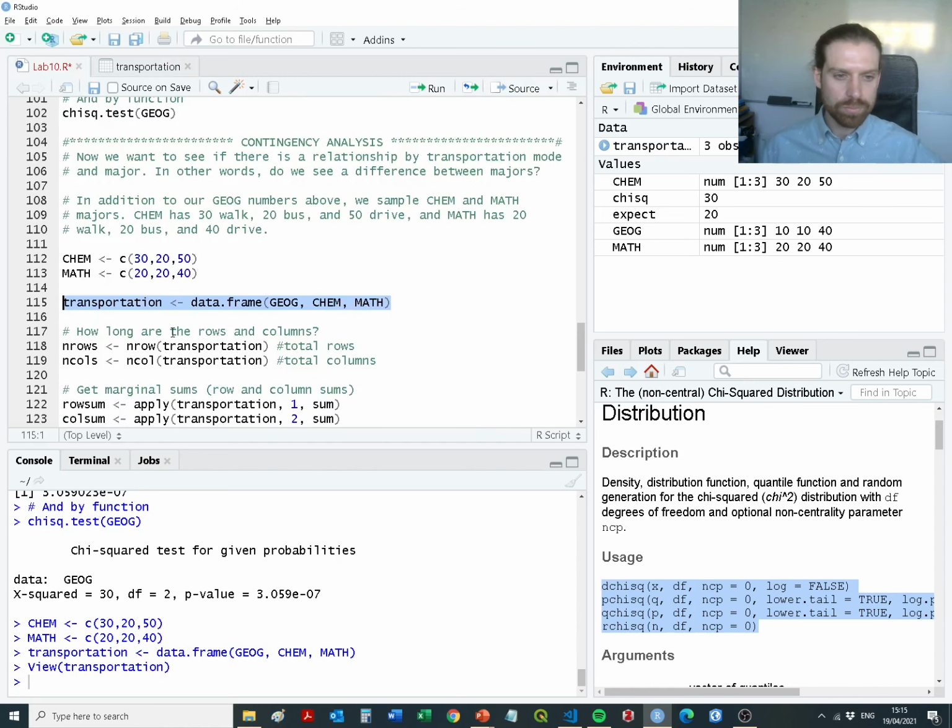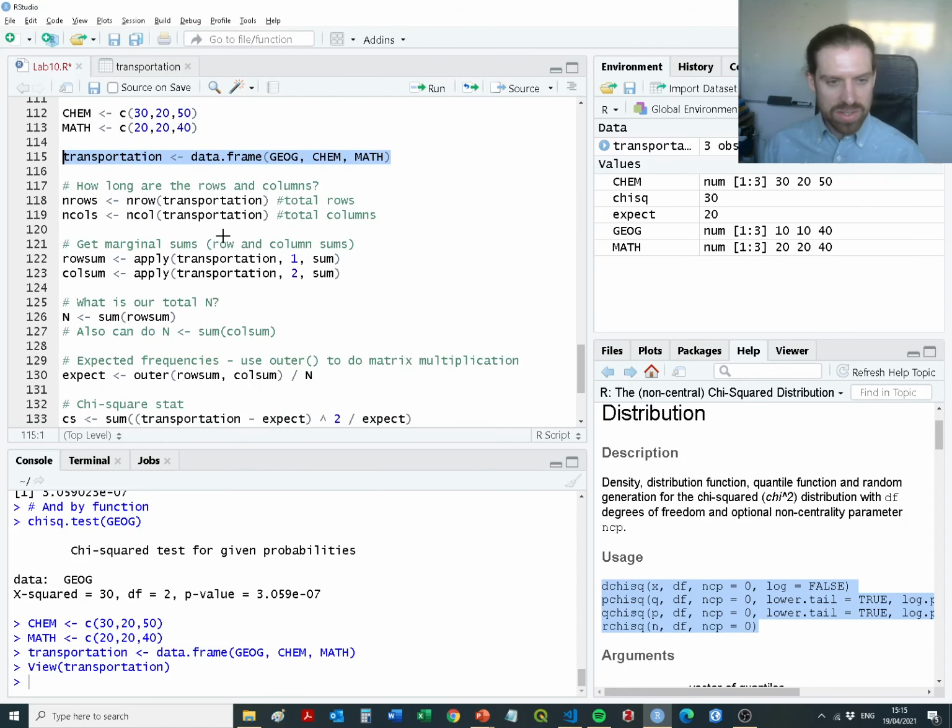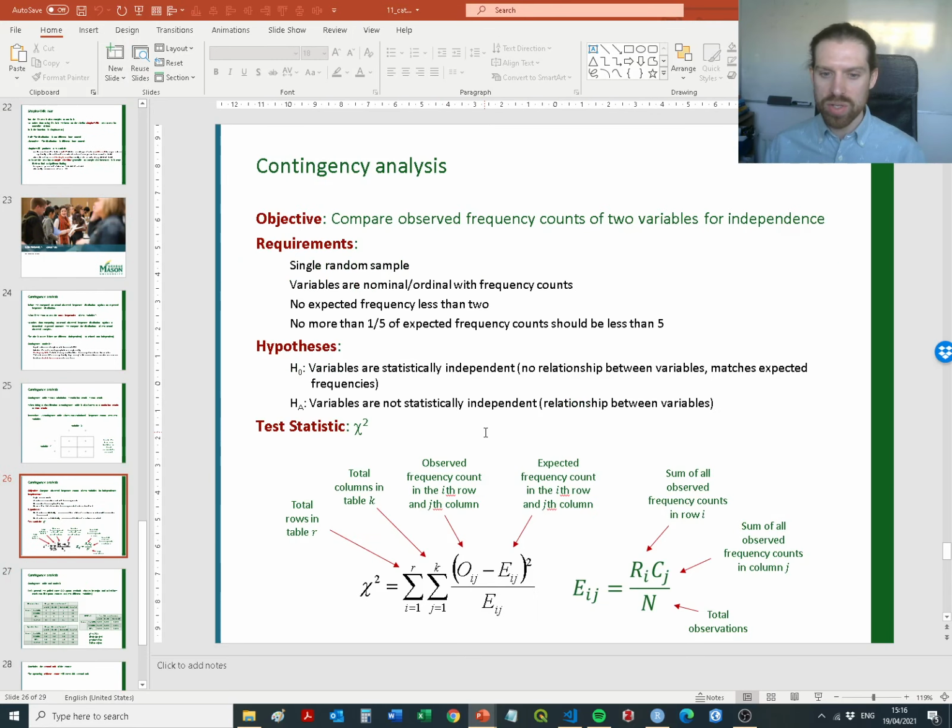Now, in order to get that cross tabulation, we need to get the expected frequency count for the ith row and the jth column, so we need to be iterating across the whole matrix. We also need the observed number, then we square the difference and divide it by E_ij, the expected frequency count for the ith row and jth column, and we do this across all of the different rows and columns in our data set.